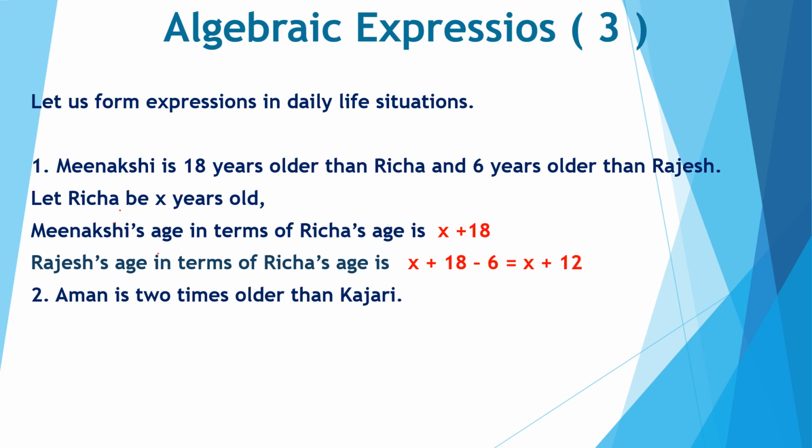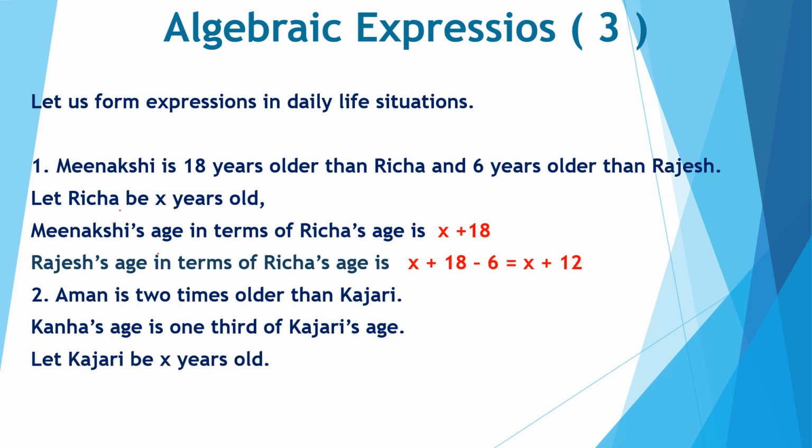Aman is 2 times older than Kajri. Kanha's age is 1/3 of Kajri's age. Now let Kajri's age be x years old. Aman's age is 2x. Kanha is 1/3 of Kajri's age.